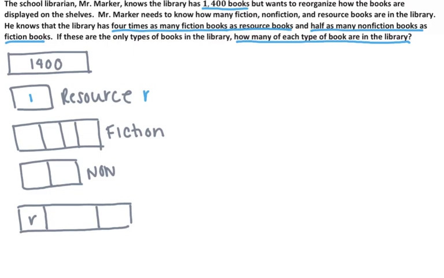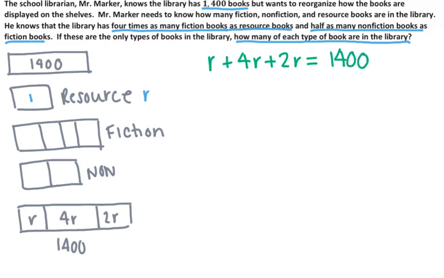The second rectangle will be 4R, because there are 4 times as many fiction books, and then the last box will be 2R, because half of 4 is 2, so 2R, and then this whole thing represents 1,400. So now we can write our equation. So we'll have R plus 4R plus 2R is equal to 1,400.